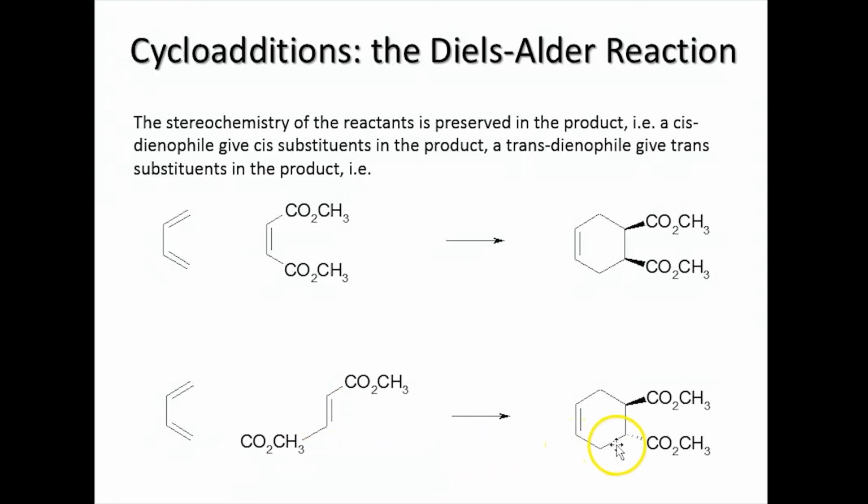And in this case, we form a cis product where the lower ester group is going into the paper or into the screen, and the top one is coming out at us. So the stereochemistry of the reactants is preserved. So there's no breaking of that double bond for rotation. Rotation cannot occur. So a trans dienophile gives a trans substituent in the product.